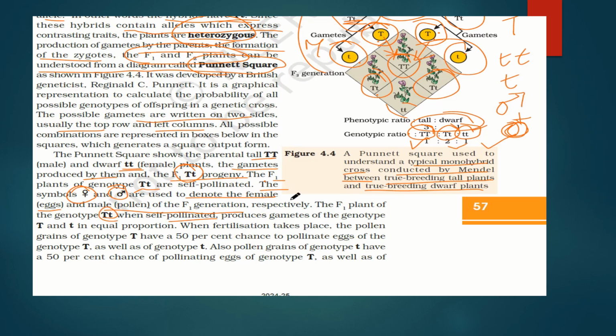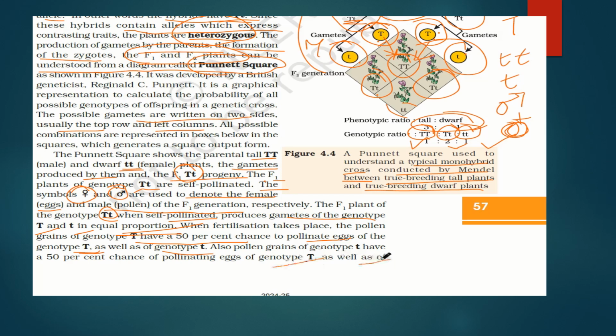When self-pollinated, it produces gametes of the genotype T and t in equal proportion. So when the fertilization is again taking place, T has a 50% chance to pollinate the eggs, and genotype t also has a 50% chance of pollinating the eggs. Okay.